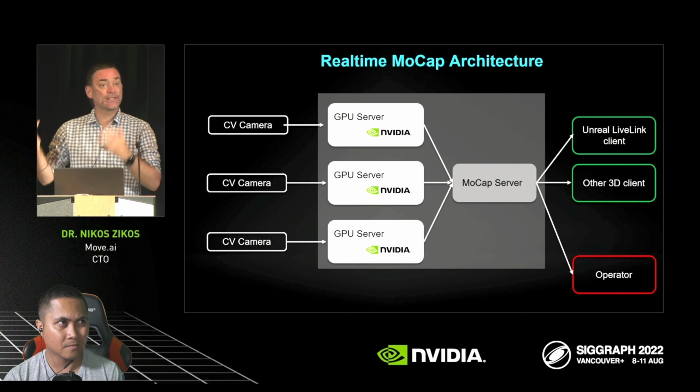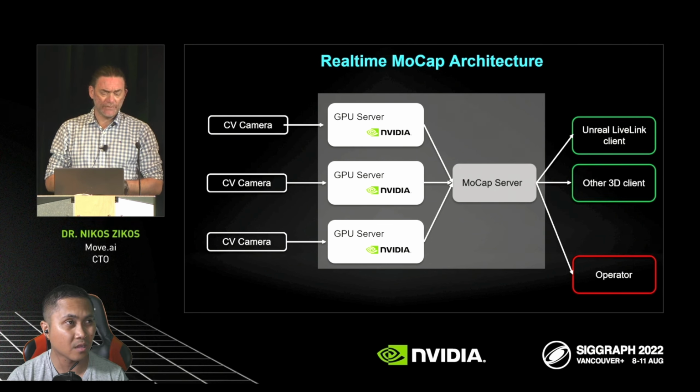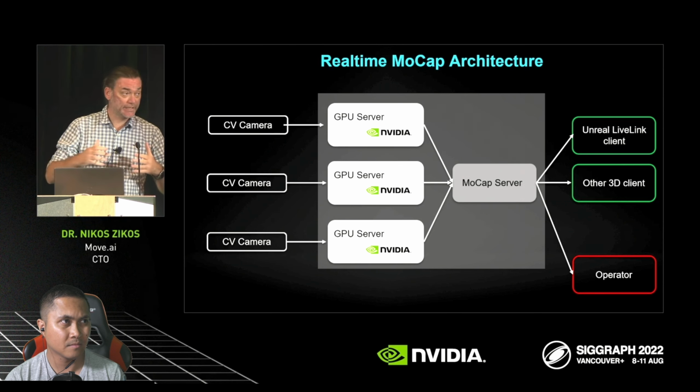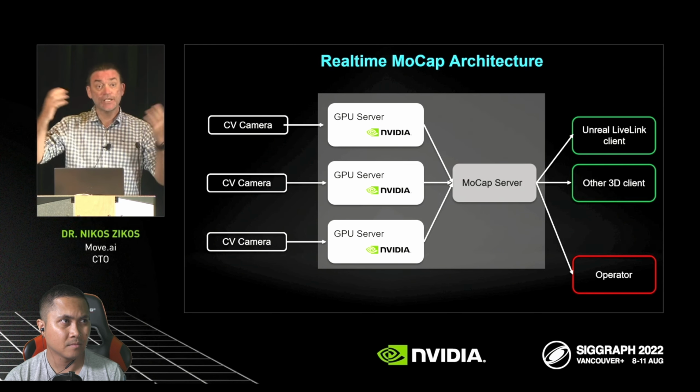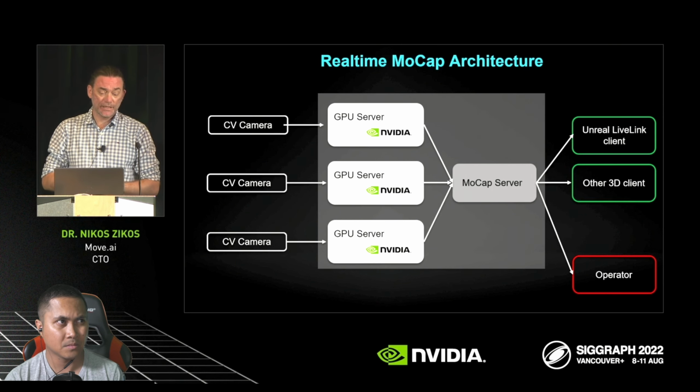Then we can stream this animation to Unreal using LiveLink or other 3D clients. We have chosen this modular architecture so that we can, for example, expand the volume by having 8 cameras or 16 cameras or whatever. And this is the best approach.